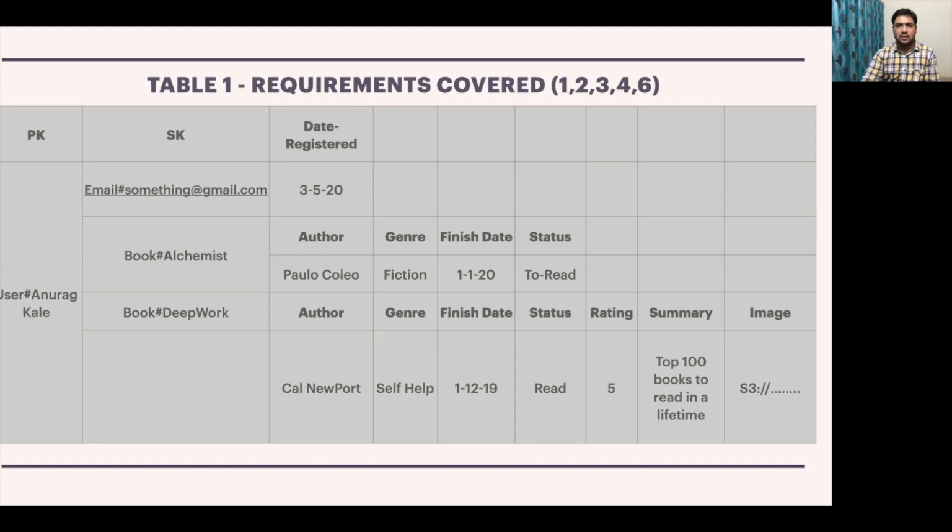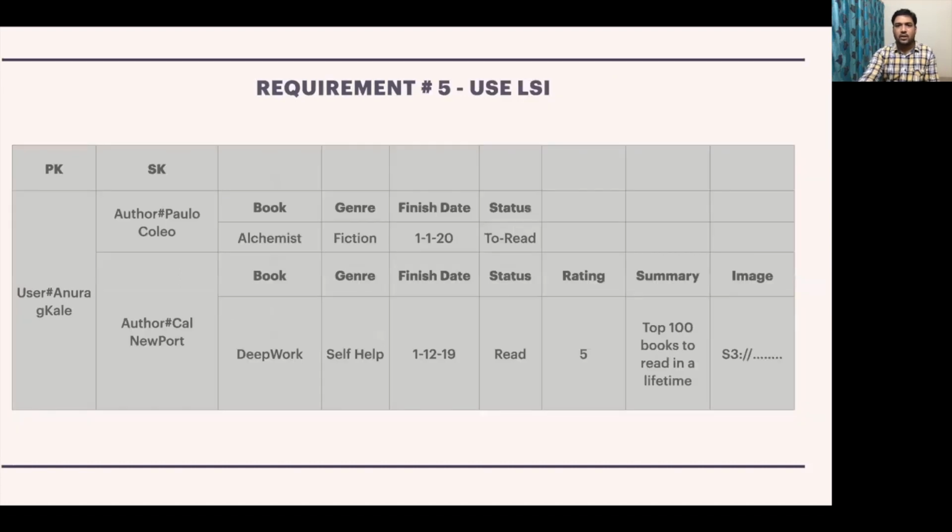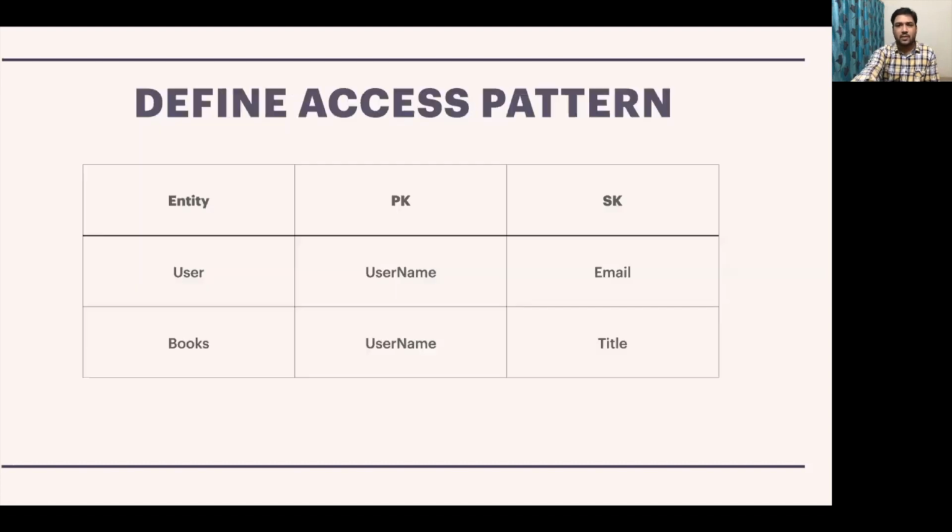So with this particular setup of primary key or the partition key and the sort key, we have covered the requirements number 1, 2, 3, 4, and 6. For the rest of the requirements, let's see what we are doing. For requirement number 5, let's go back to it.